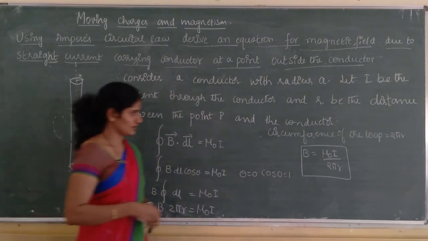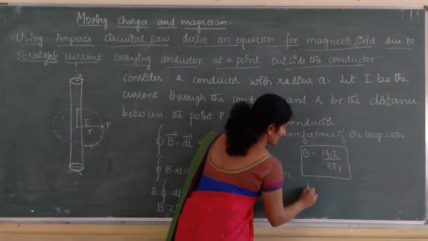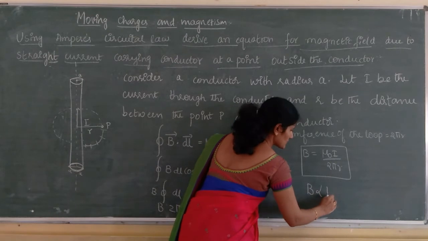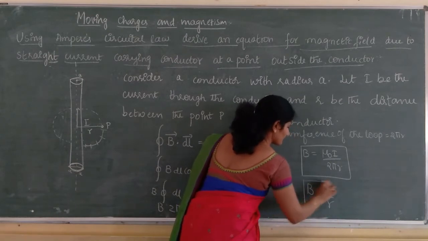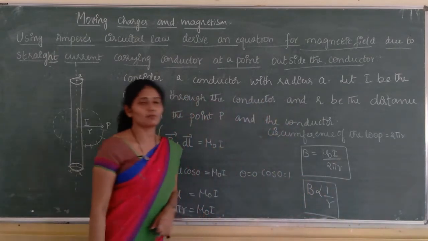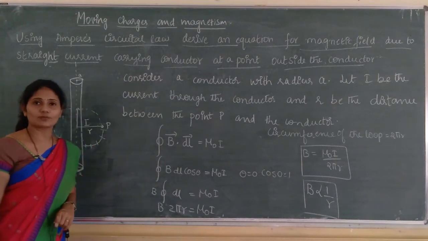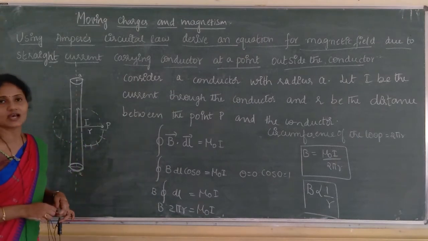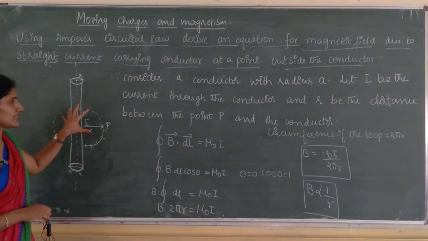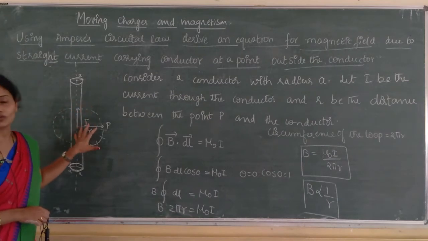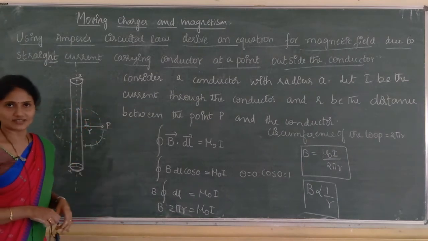2 pi r. So, from this expression we can write that the magnetic field is inversely proportional to r. Outside the conductor, the magnetic field is inversely proportional to r. That means, as the radius increases, the strength of the magnetic field decreases.